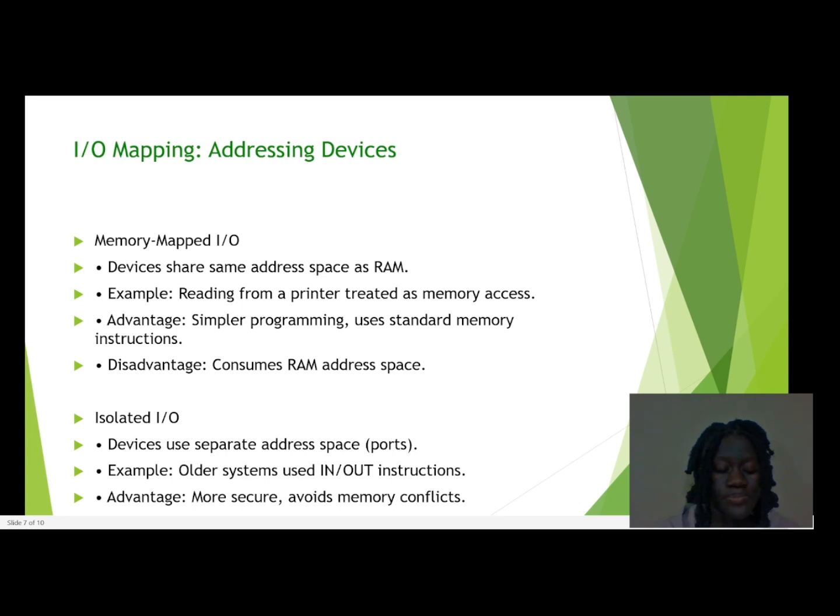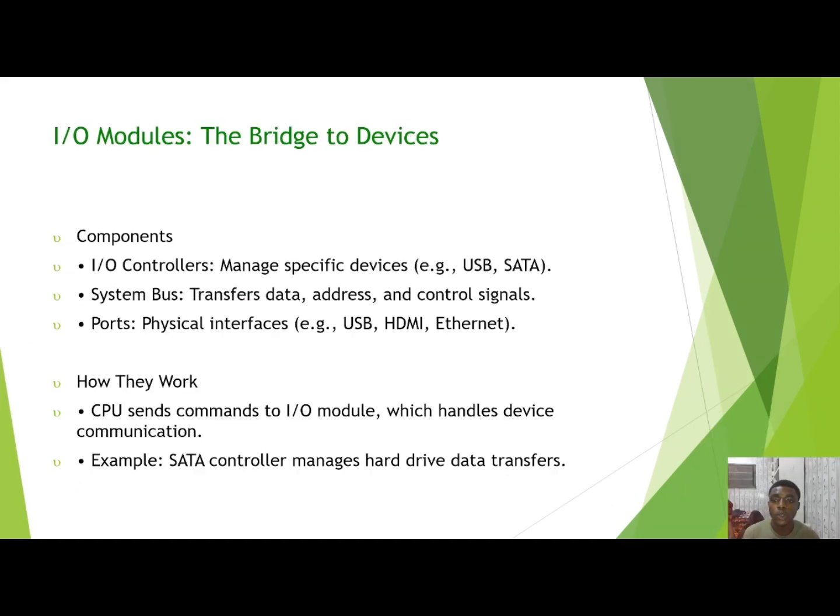Thank you very much. I'll be talking about I/O models. That's the bridge to devices. This bridge connects the CPU to the external devices, and it is made up of I/O controllers, the system bus, and the ports.